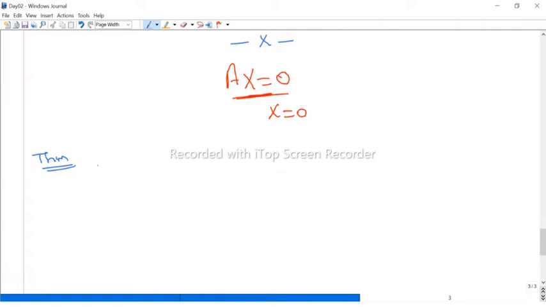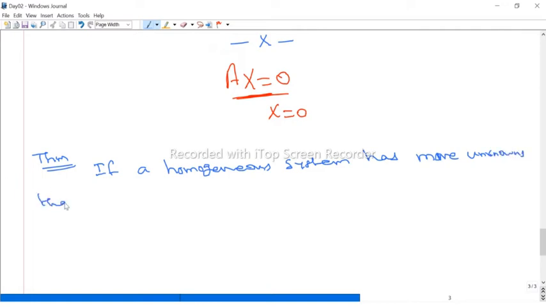So if a homogeneous system has more unknowns or variables than the number of equations, then the system has infinitely many solutions, not only the trivial solution, it has other solutions also.